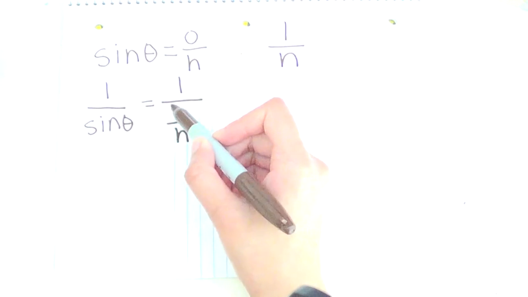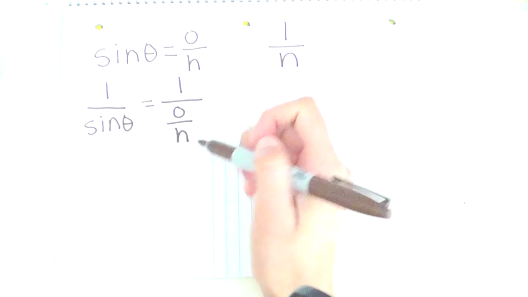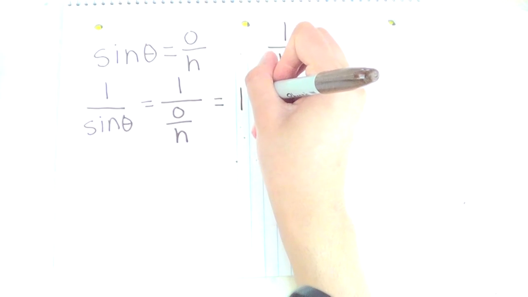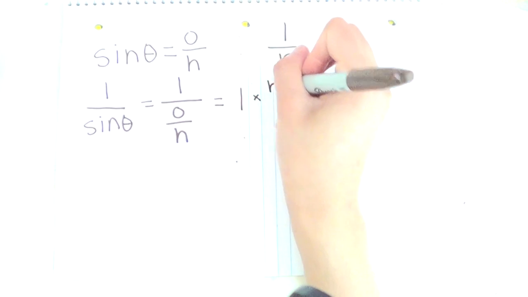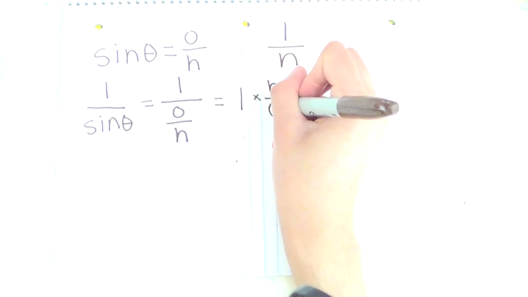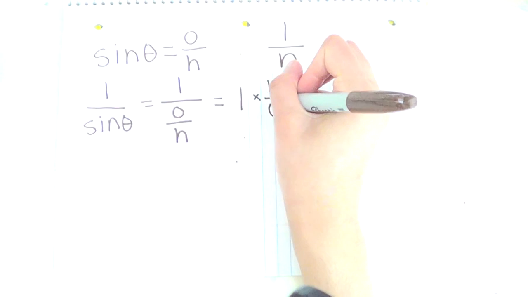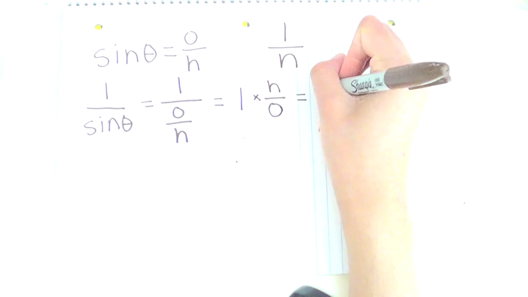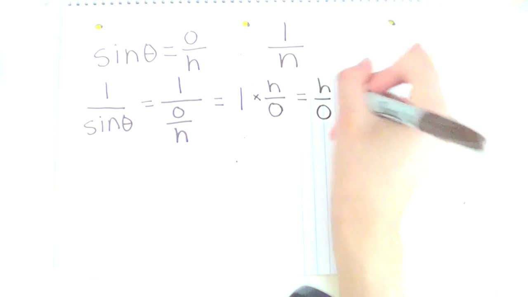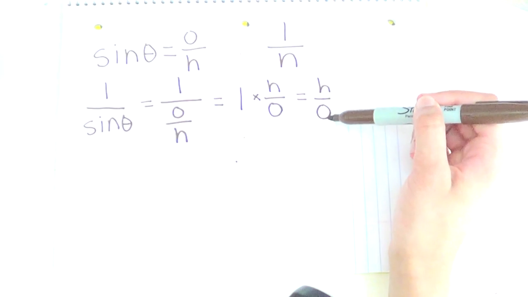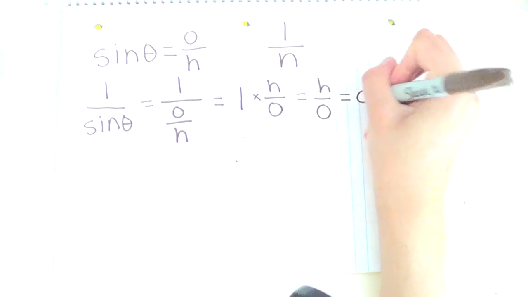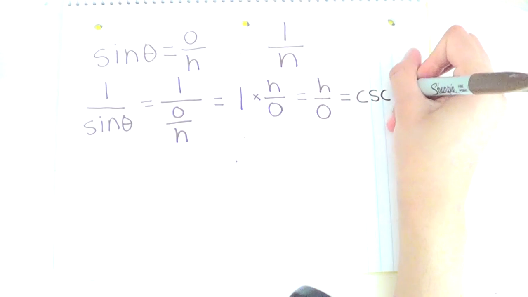And then 1 divided by opposite over hypotenuse equals 1 times hypotenuse over opposite, and that would equal hypotenuse over opposite, and hypotenuse over opposite is actually equal to cosecant theta.